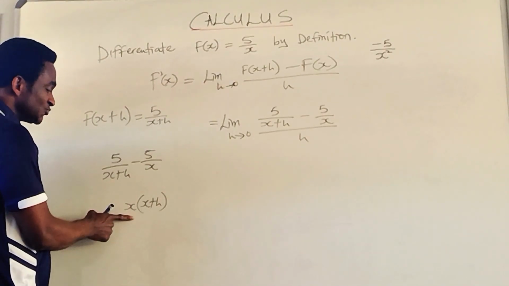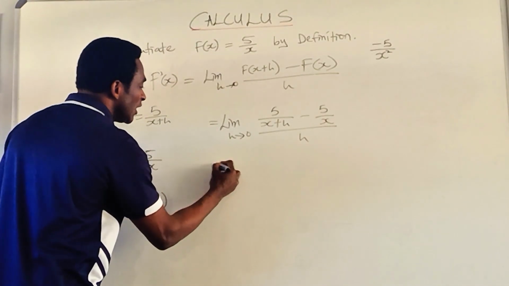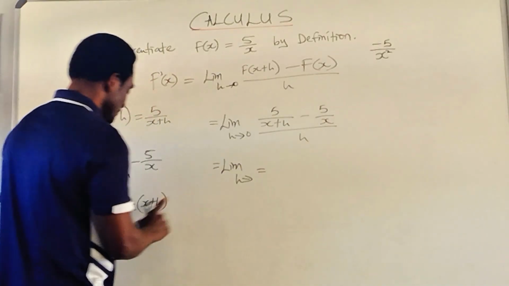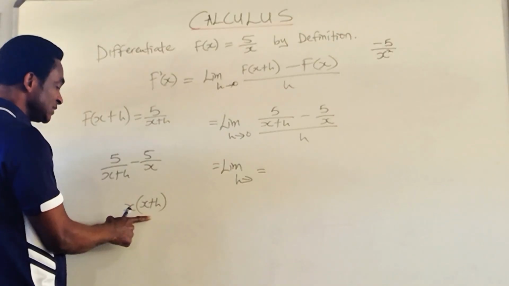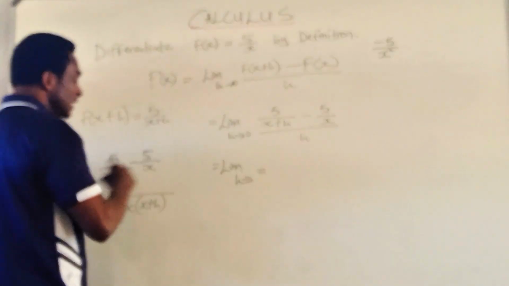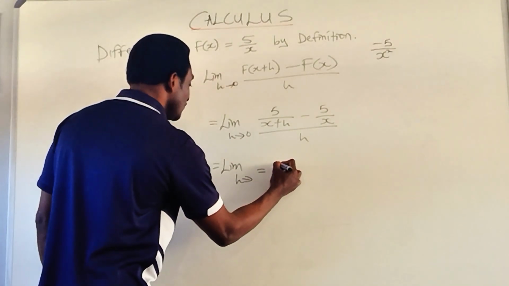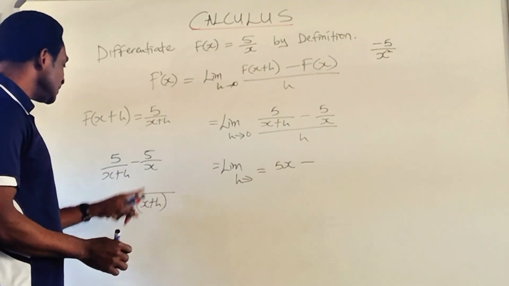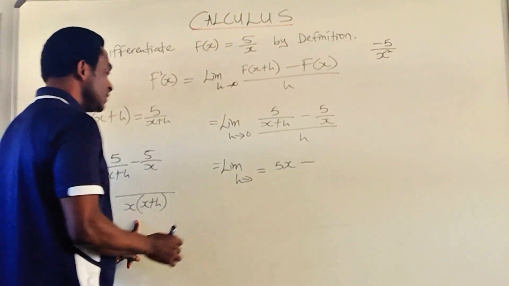So if we go on, the limit of this function as h tends to 0 will be, we have this into the LCD, we have 5x minus x into x plus h.